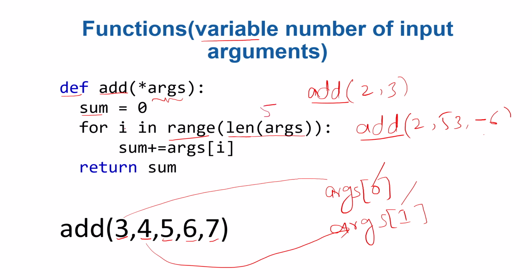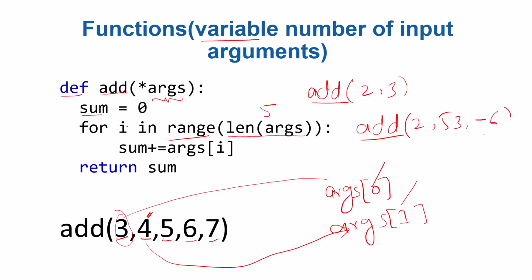So i will go from 0 till 4, because 5 is not included. The very first time i will be 0, and args subscript 0 is the value of the first argument, which is 3. So 3 is added to 0. Then next time i will be 1, and at position 1, 4 is located. So sum plus equals 4, which means sum equals the previous value of sum plus 4.